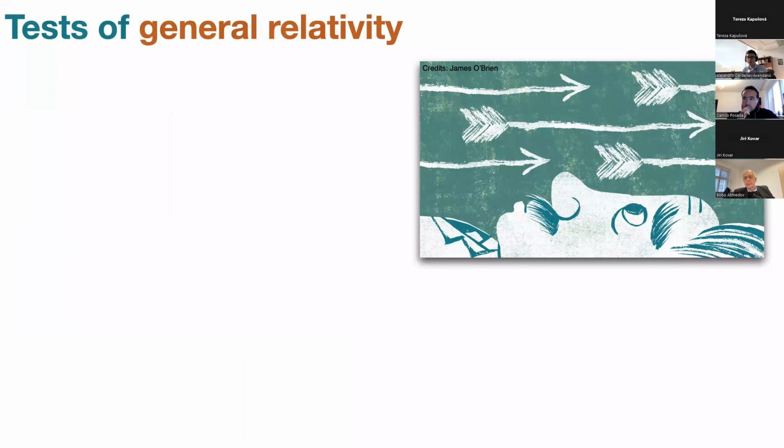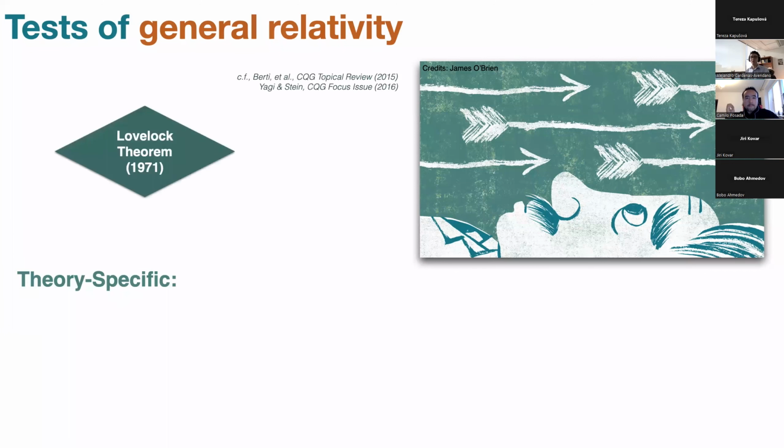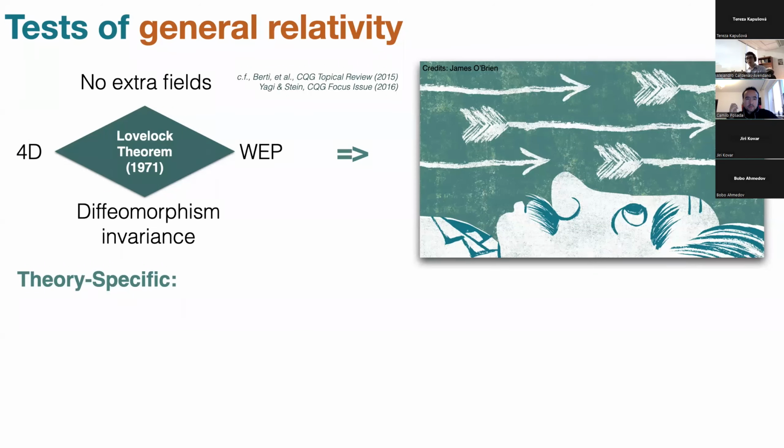Let me start with my background. I did my PhD on tests of general relativity, not because I don't like general relativity, just because I want to understand the properties of GR. How can we do this? There are at least two venues. One is theory specific, meaning that I look for the particular properties or pillars of general relativity and try to modify, break, or violate them.